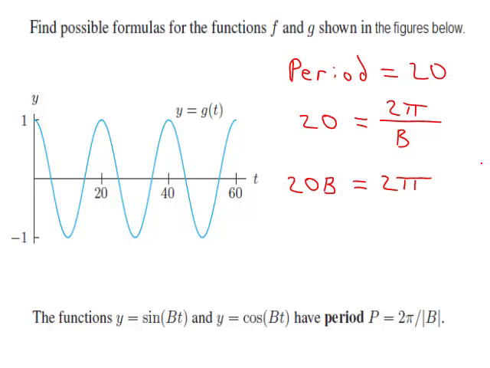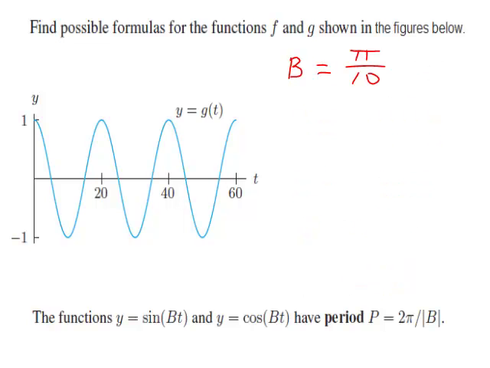And then to get b by itself, we should go ahead and divide both sides by 20. And we have 2 pi divided by 20. And the 2 and the 20 are both divisible by a factor of 2. So we could rewrite this as b being equal to pi over 10. So now we've found our constant b based on our period being 20.